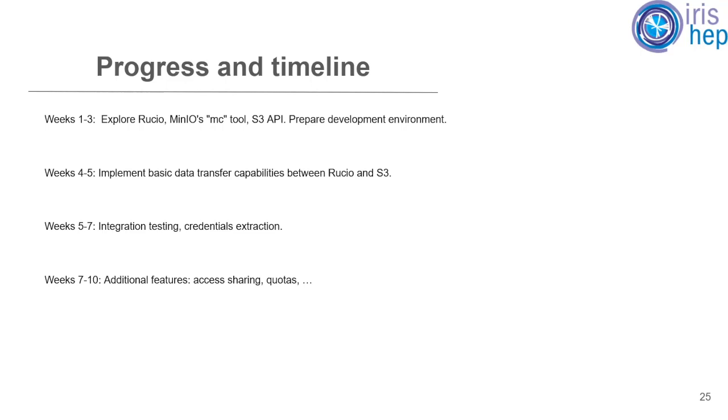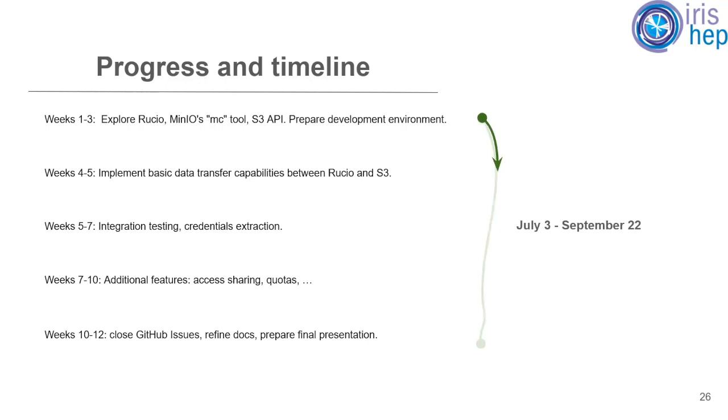Access sharing, quotas. We want our buckets to be writable by specific users or members of selected experiments. Sharing files with other teams, and a quota on manageable objects. And then at the end of the project, I'm going to close the GitHub issues I opened in the first place, refine the documentation that of course has to be written for the project, and work on the final presentation.